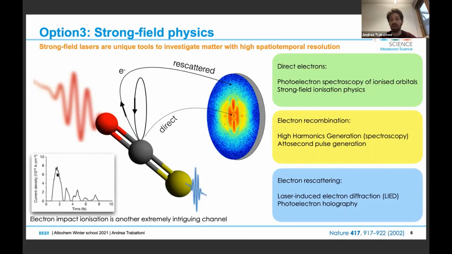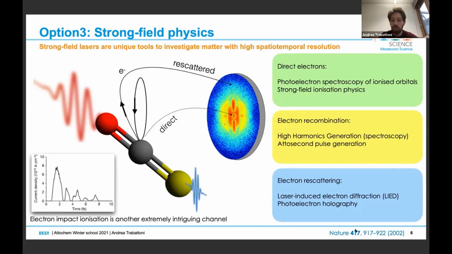And this is due to the fact that the electron wave packet is extremely short, that is attosecond, and of course, with also a spatial extension that is extremely small. And this is the reason for which this technique allows for the investigation of dynamical structures with potentially attosecond resolution and picometer spatial resolution.